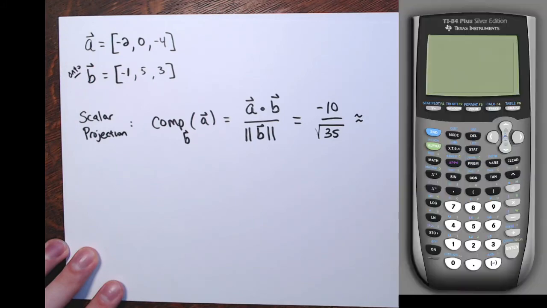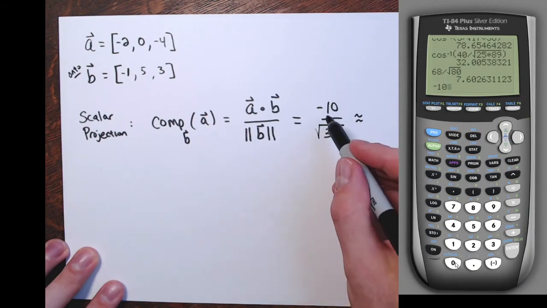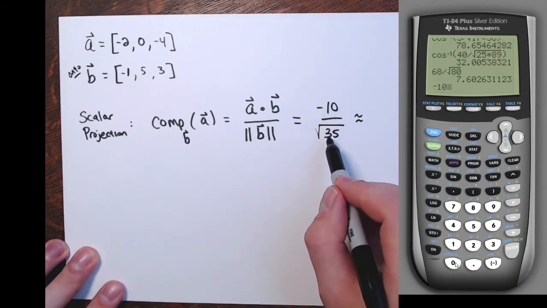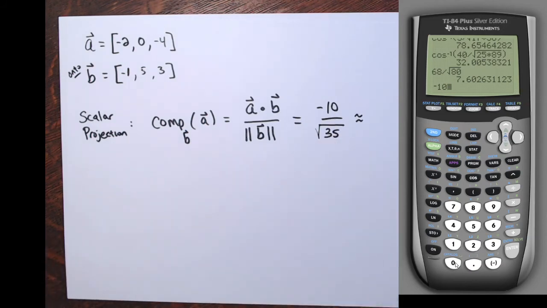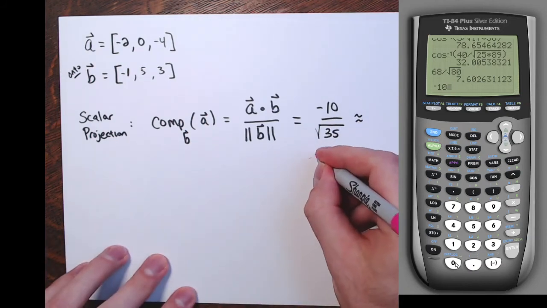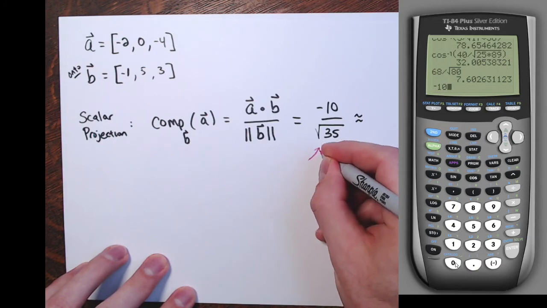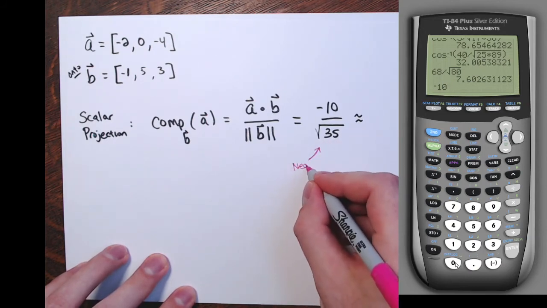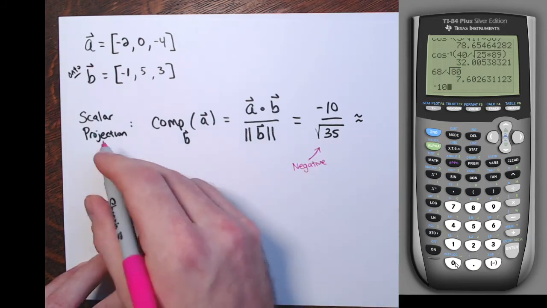So on my calculator, pull up -10. Now notice it's negative. Again, negative means that the projection vector, and I'll write this down, I know I've said it, but this ends up being a negative number, this scalar projection.